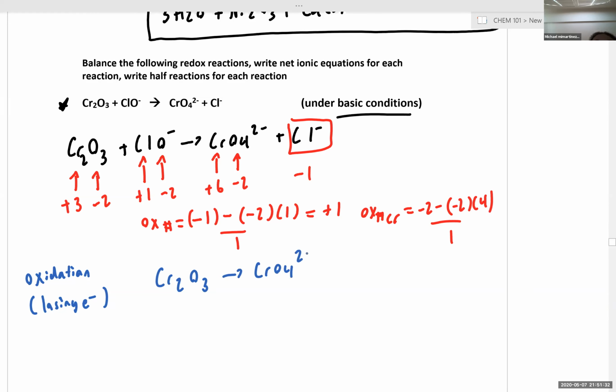Now, before we do anything fancy, do we have the same number of chromium atoms on each side? No. So how many chromium atoms do we need on the right?